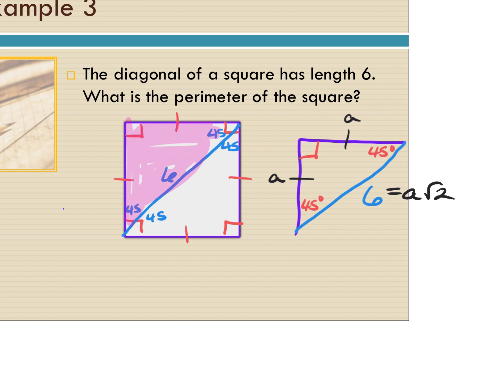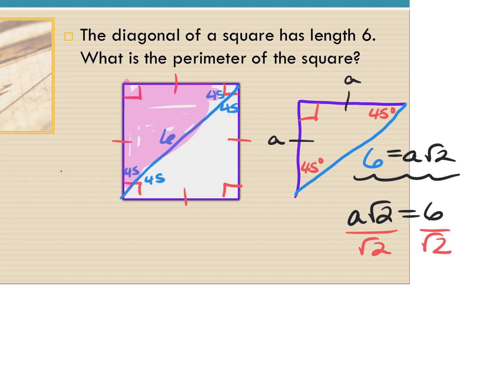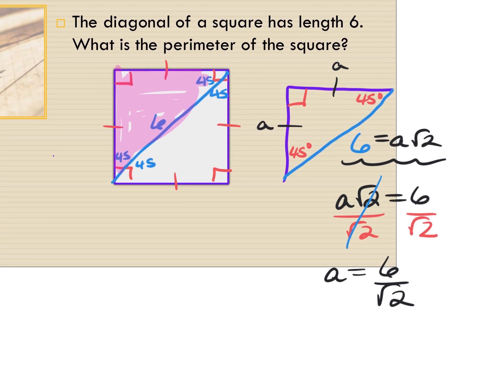So now to find A, which is actually the side of my square, I need to solve this equation. A times the square root of 2 equals 6. Divide both sides by the square root of 2. It cancels, and I'm left with A is equal to 6 over the square root of 2. Can't leave that radical in the bottom. I must rationalize.